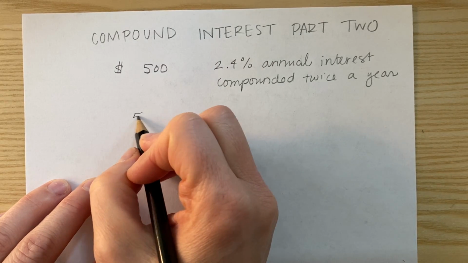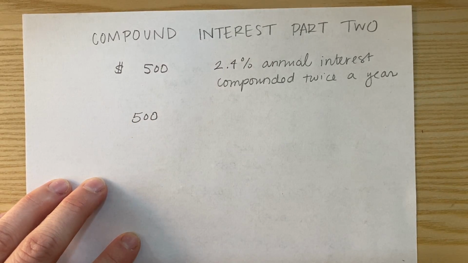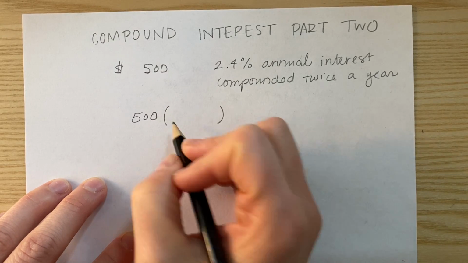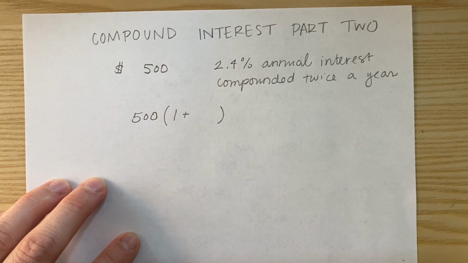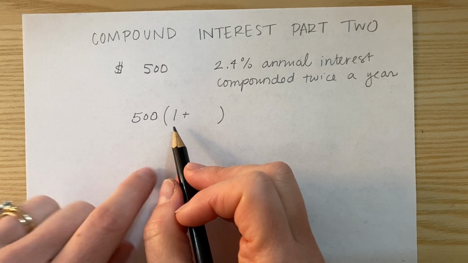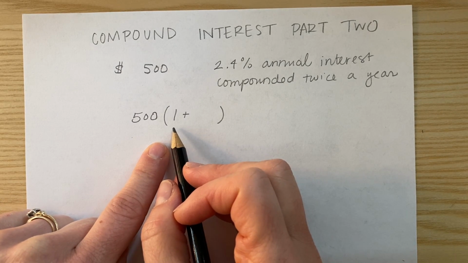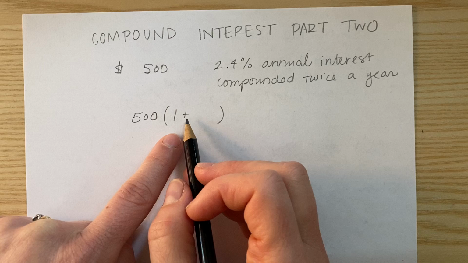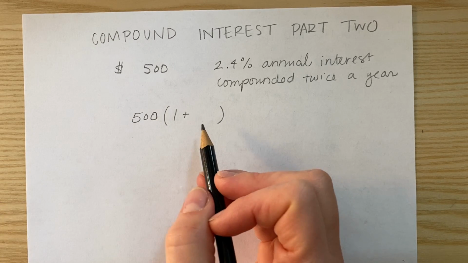We're still going to have our 500 as our principal. We are still going to have 1 plus whatever our rate is, that 1 representing growth, that 1 representing 100%, and also the little bit that we're compounding.